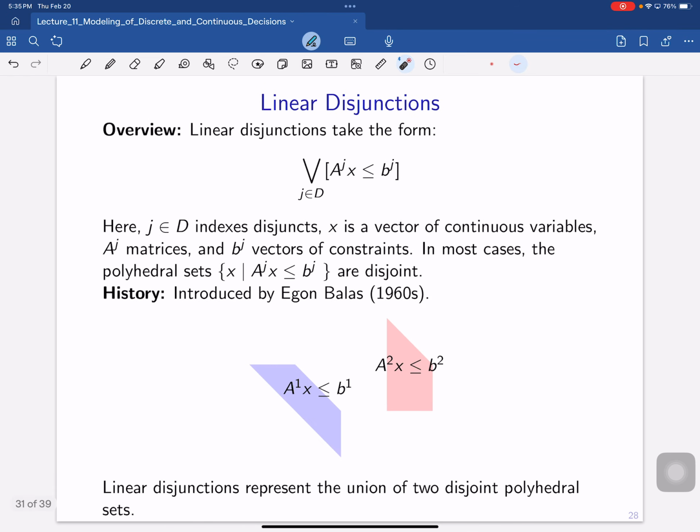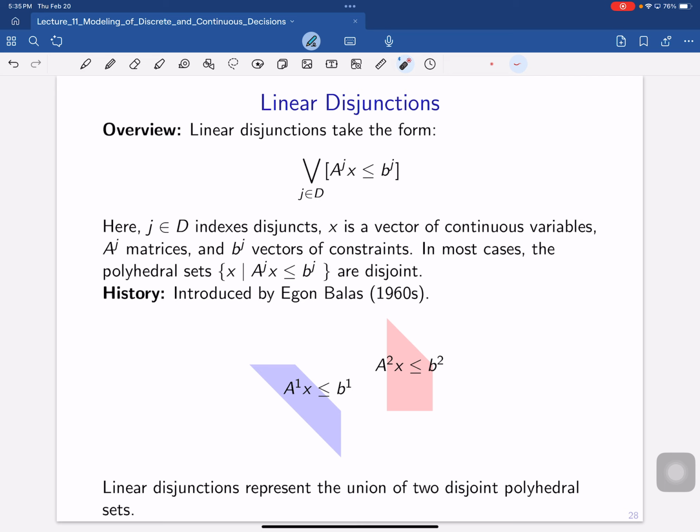Now I think I've covered the most important stuff I wanted to cover. Here, I want to cover something called linear disjunctions. It's kind of unrelated to the logic variables. The idea of linear disjunctions is sort of applying some logic conditions to sets.